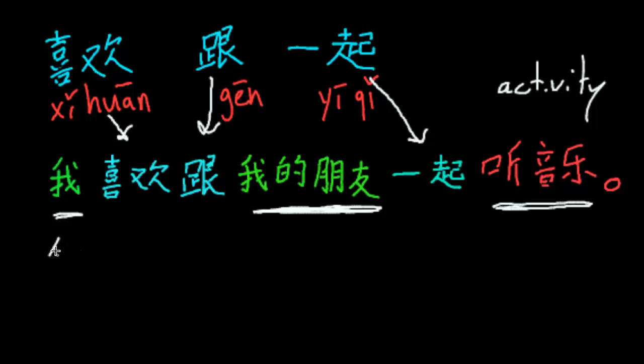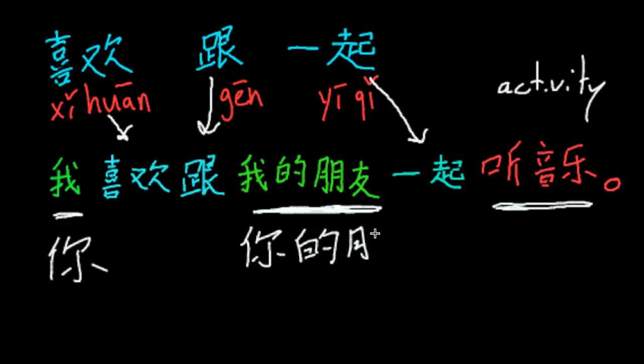I could say here, maybe I change it and I say instead of 我, I change it to 你. 你喜欢跟你的朋友, your friends. See how that works?